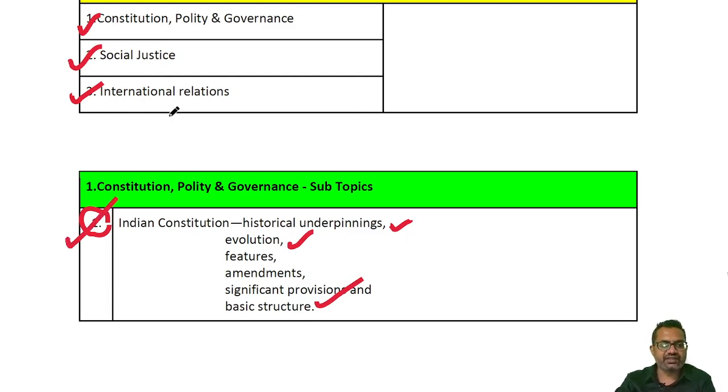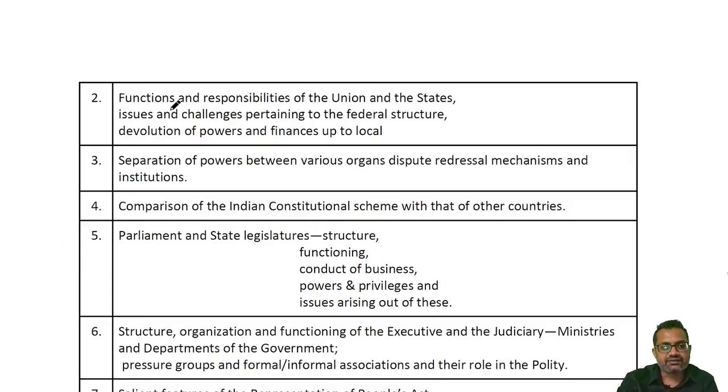See, these digits are not in the original syllabus; we have added them. Then the second point is functions and responsibilities of union and states, issues and challenges towards the federal structure and devolution of powers. Then we have given the third number to separation of power between various organs, dispute redressal mechanisms and institutions.